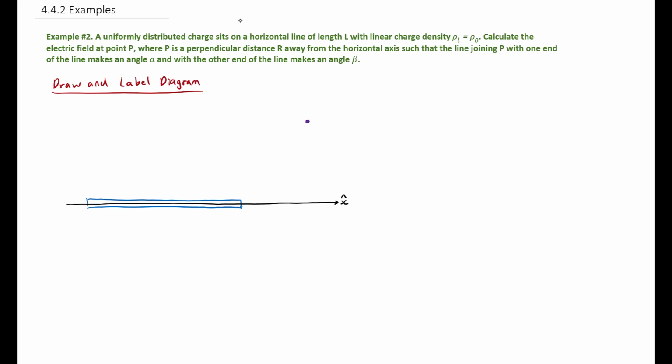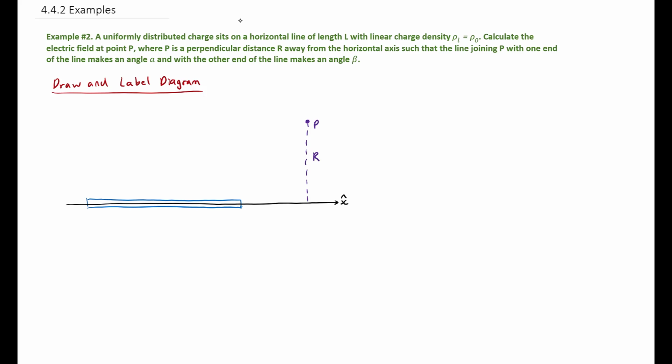So we're given a point P over here, and this point P is a distance capital R away from the x-axis, such that the line joining P with one end of the charged line makes an angle alpha. Let's do this in green.